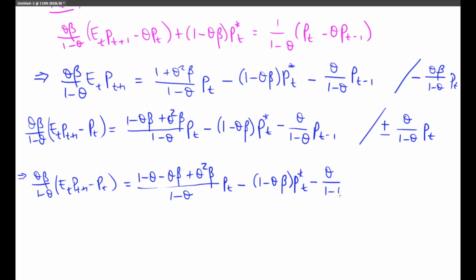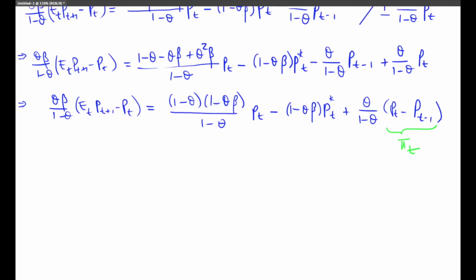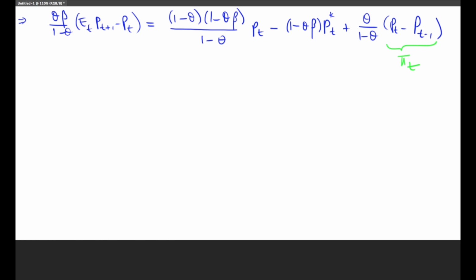So in this case we will see that with a little simplification we have an expression for something that is associated with what we need now, a new definition, that is inflation. We have inflation at the end of this equation, and on the left hand side the expression is expected inflation, as you can see, right?